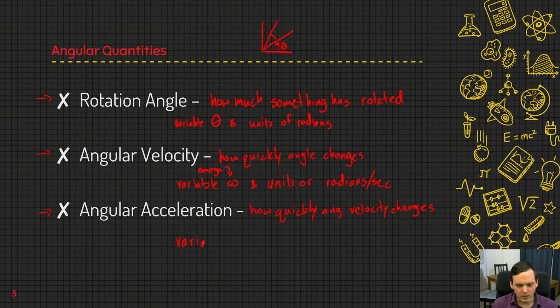This variable is the lowercase alpha, and units of radians per second squared. Just like linear acceleration was meters per second squared, this is radians per second squared. And again, this is the lowercase Greek letter alpha.